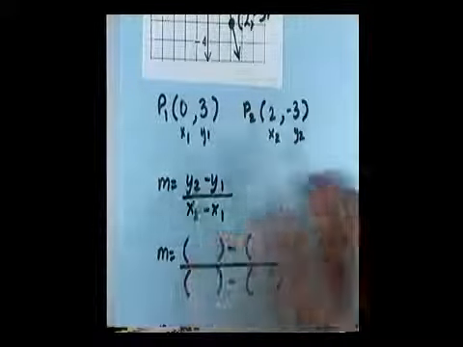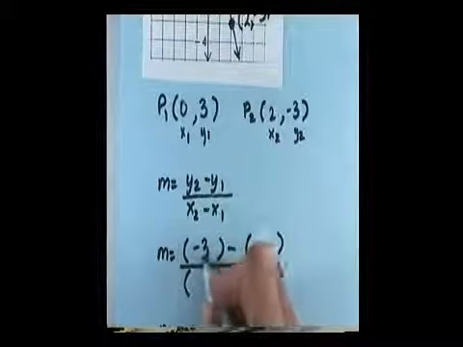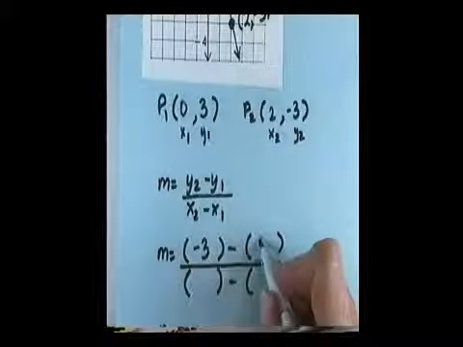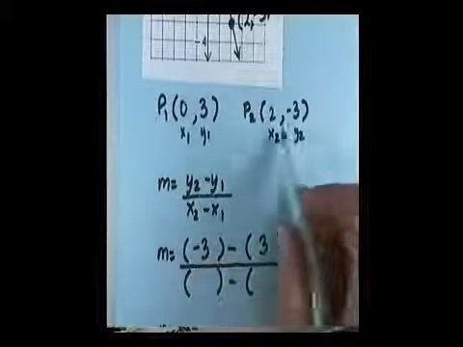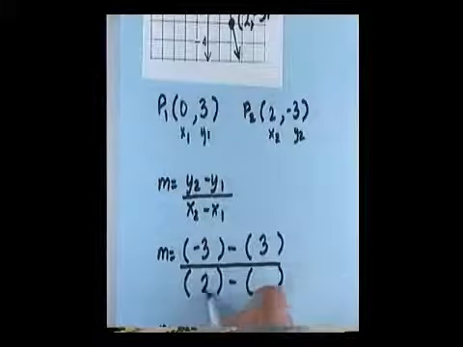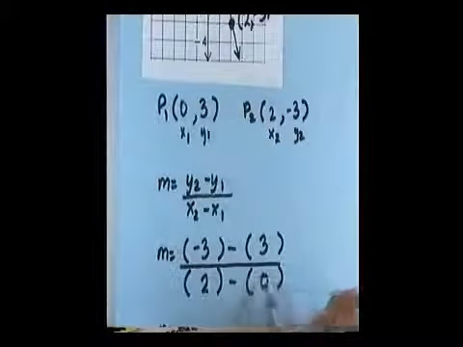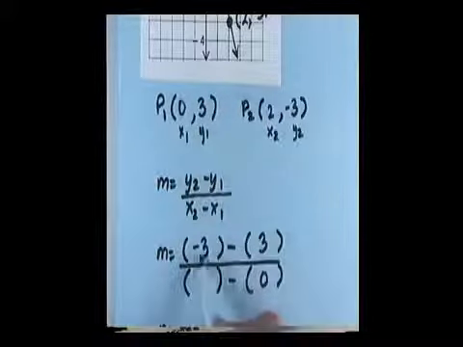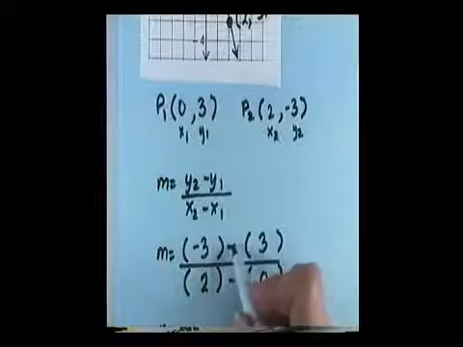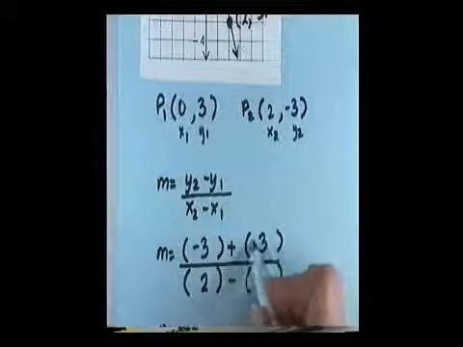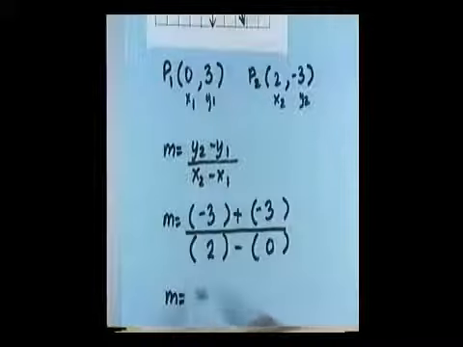So we'll fill in y2, which is negative 3, subtract y1, which is 3, over x2, which is 2, subtract x1, which is 0. The numerator is negative 3, subtract 3, which is negative 3, add negative 3. That gives negative 6.